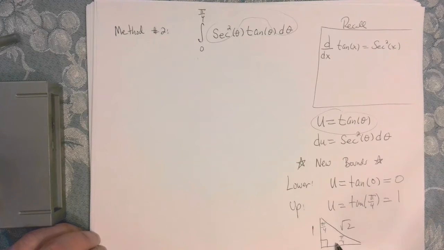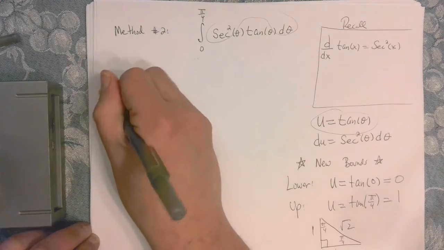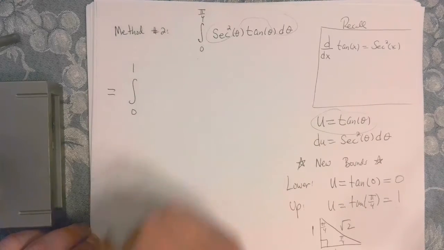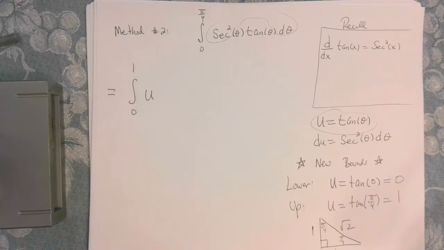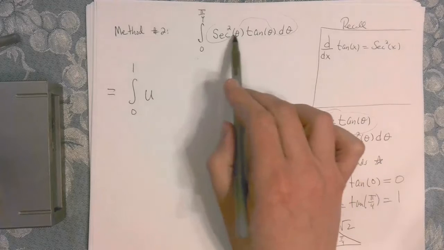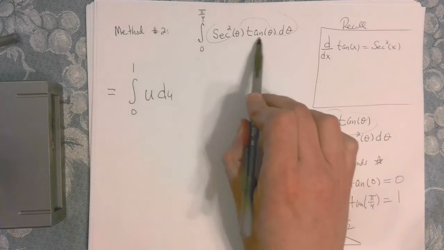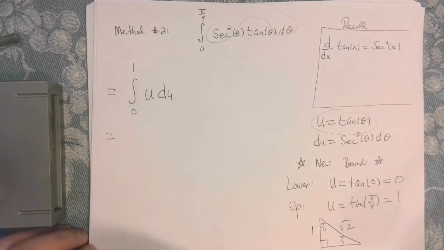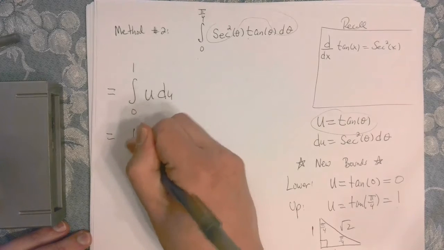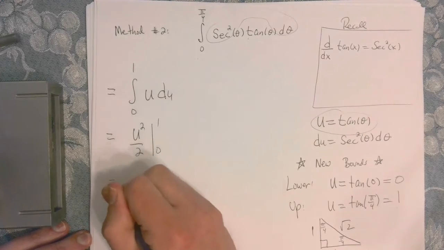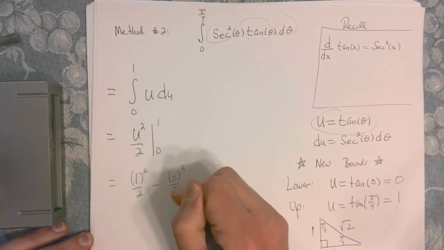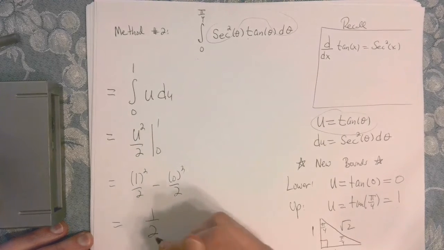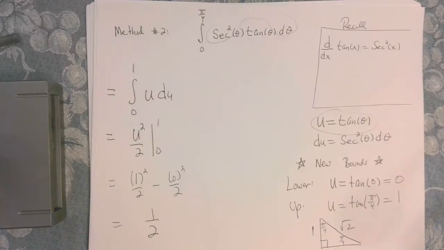Opposite over adjacent gives me 1. So in method 2, I'm integrating from 0 to 1. This looks like u, and this is du. That's not terribly bad to compute: u squared over 2 from 0 to 1. That's exactly 1 squared over 2 minus 0 squared over 2, and again, that's exactly 1/2. So kind of a neat one.